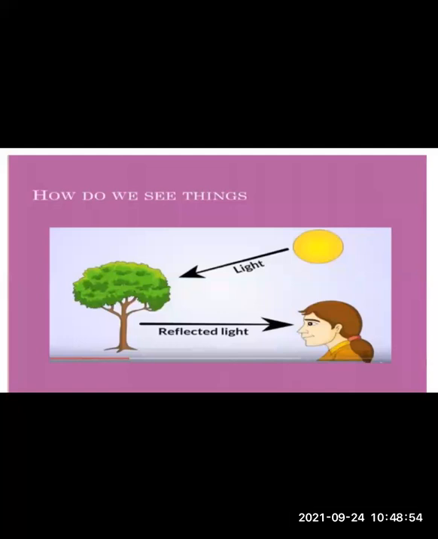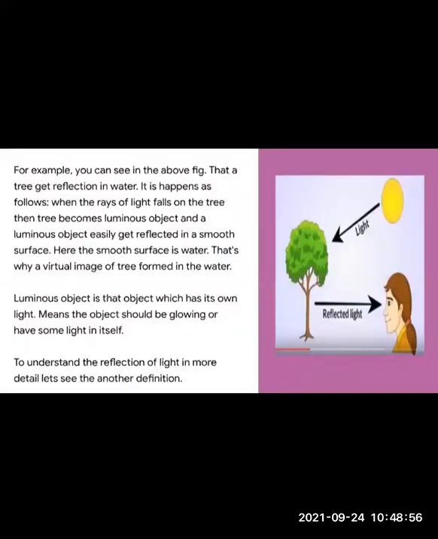Now we will see the exact explanation of this photo. Why are we able to see objects in our day-to-day life, any object that is there in your vicinity? A tree's reflection is being seen by the girl. When the ray of light falls on the tree, it becomes a luminous object.